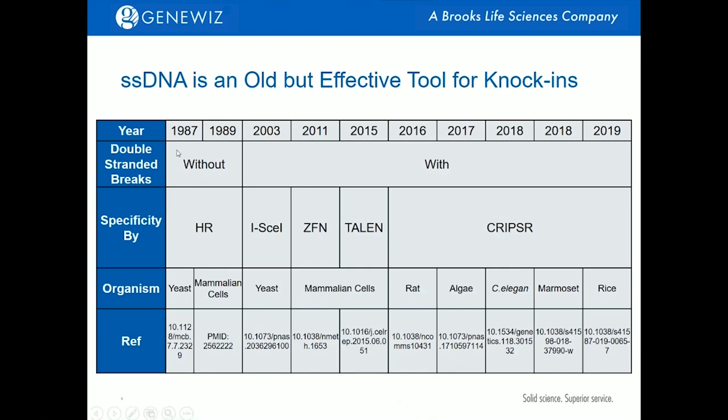Therefore, in the 80s, before we could freely generate targeted double-strand breaks in eukaryotic cells, there were several initiatives to test single-strand DNA against double-strand DNA in terms of knock-in efficiency, and the results showed promise. With the development of zinc finger, TALEN, and CRISPR, single-strand DNA has been used in many organisms, from algae, C. elegans, to mouse, even non-human primate.